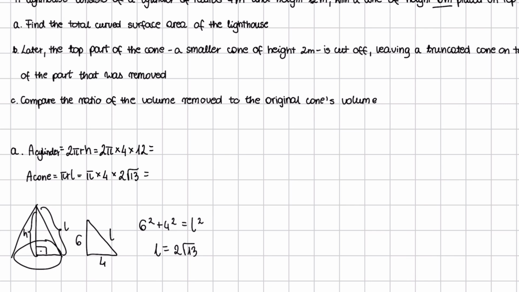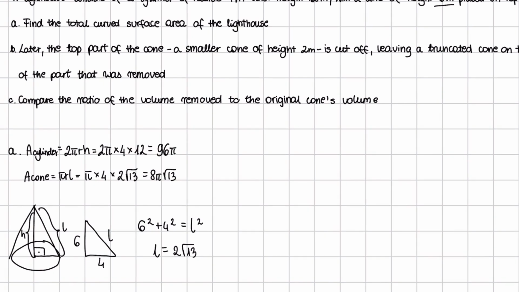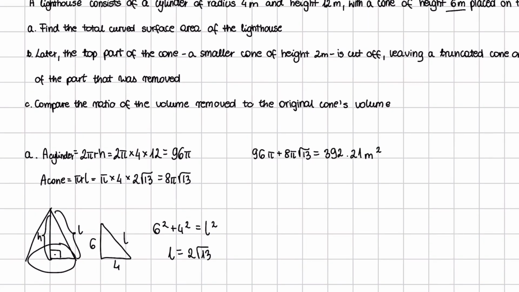And we have to calculate both surface areas, and then add them. So these are our answers, and now we have to add them. So 96 pi plus 8 pi square root of 13, and we have to calculate it. So this is our answer, and of course meters squared.